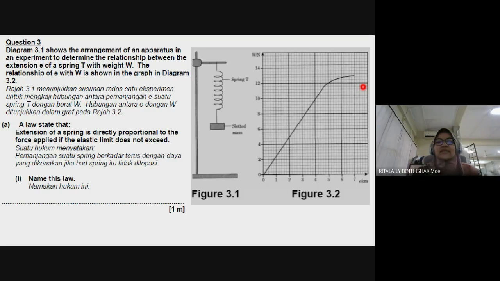Since this is the name of a person, your answer should be H-O-O-K-E apostrophe S. If you don't want to put apostrophe S, leave it as H-O-O-K-E. Okay, Samitra, it is not H-O-O-K-E-S.